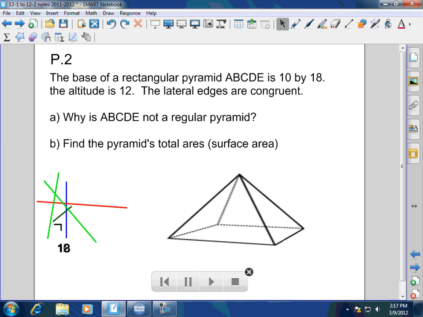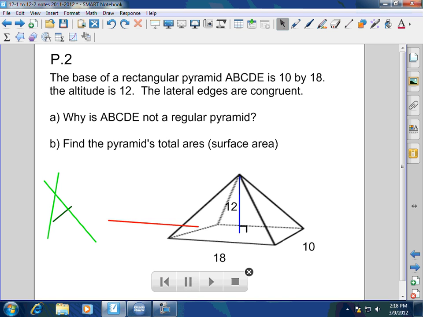Yes? Okay, now, let's go ahead and set this up. Now, the way you set this up, you have 18 as the width. You have 10 as the other side, as the length. Then you have an altitude, which is that blue line. Now that altitude is 12. That altitude creates a right angle, okay?